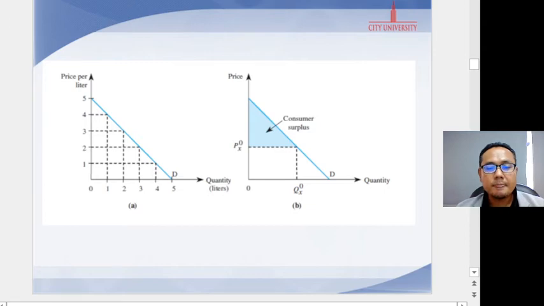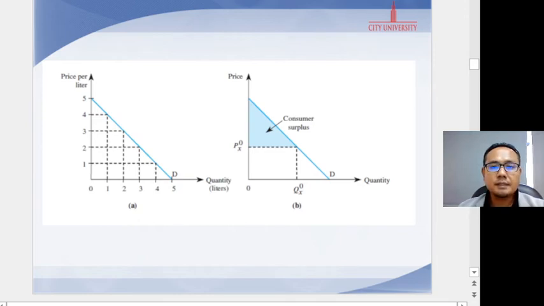Since the area of this region is $8, the total value you receive from 2 liters of water is $8.